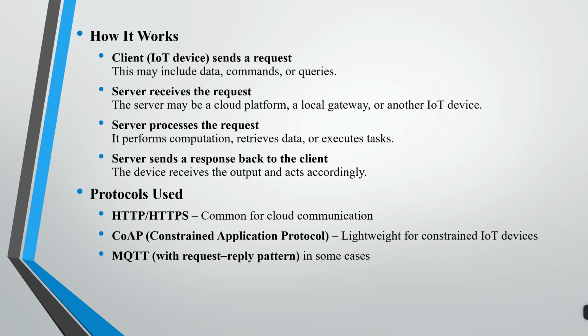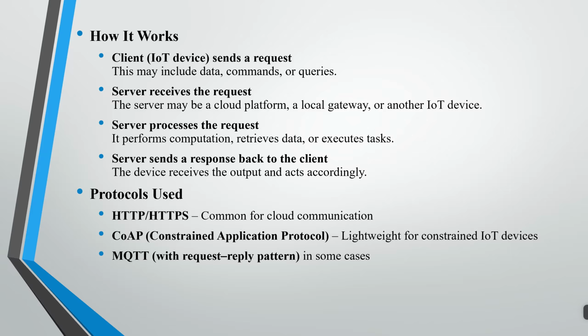Then coming to commands. Suppose my driver is taking my car, and I get a message from the car's IoT system that the door is not properly locked, so I can send a command to switch off the engine of the car.